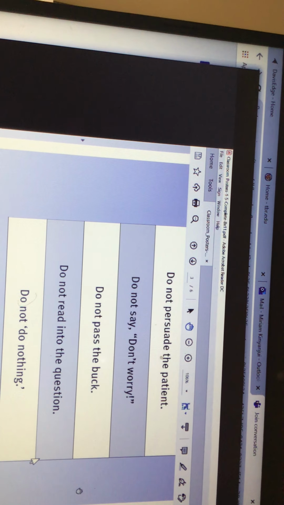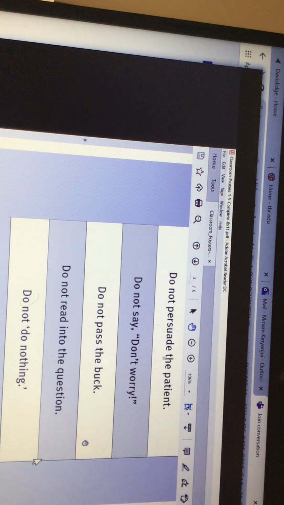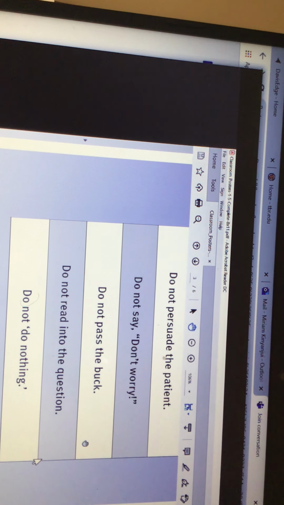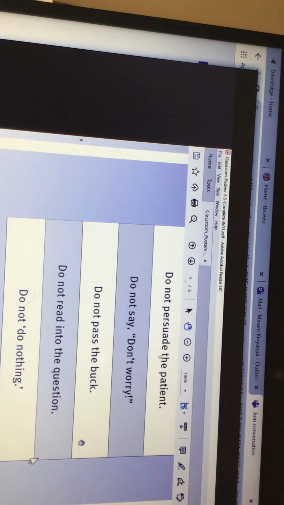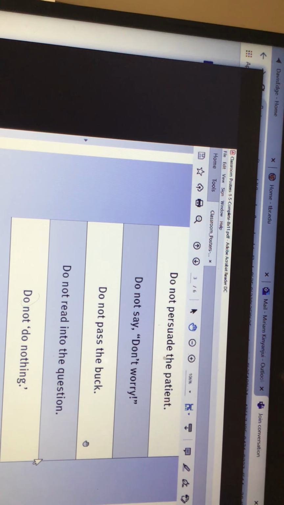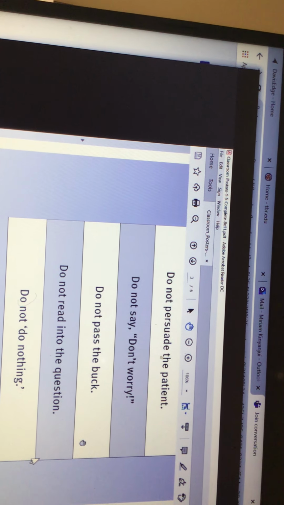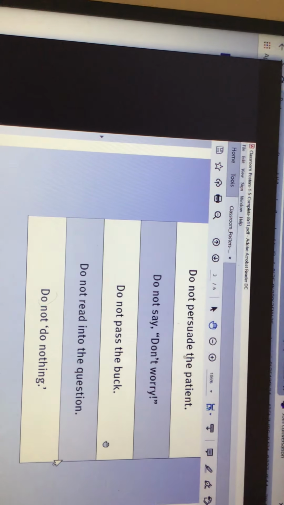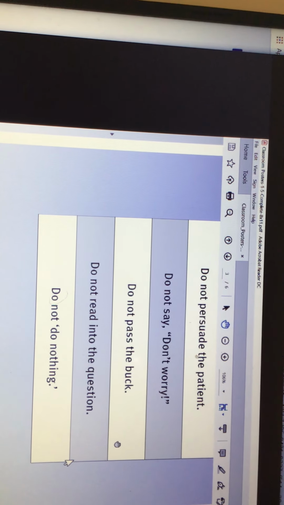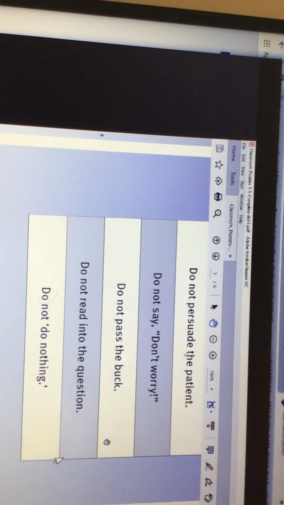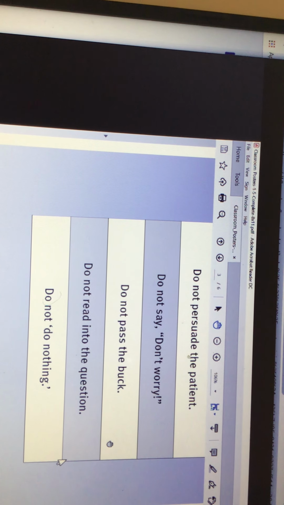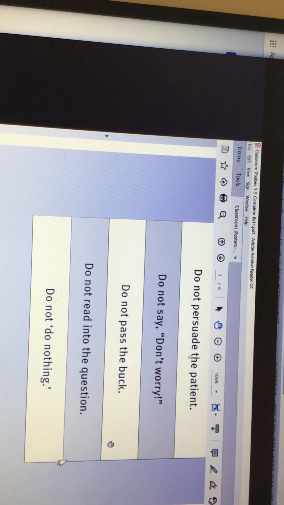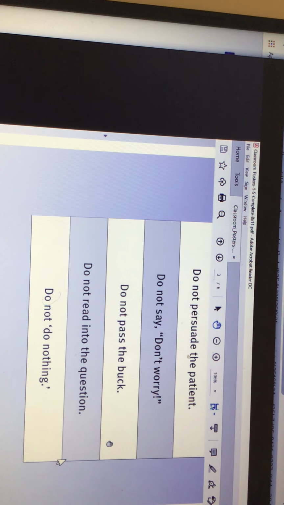Be careful not to pass the buck. Don't give up. What's something that you can do first as a nurse before you go call the doctor? Is there something in those answer choices that you can do that goes with the topic before you go get the RN or before you call the doctor?